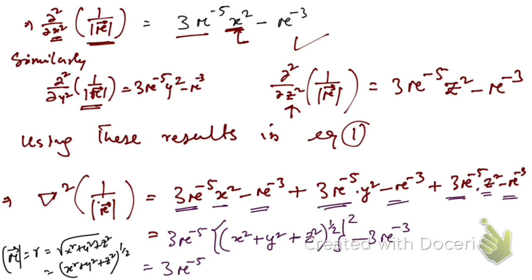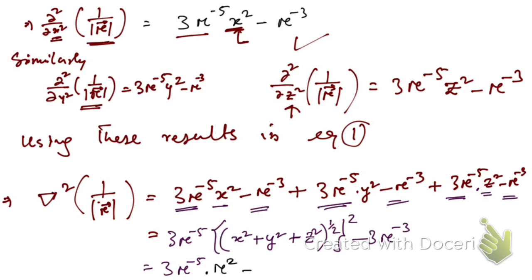Then as there is the square, we get r square here, r square minus r to the power minus 3, so 3 minus r to the power minus 3. Now if you multiply this one and this one, you get 3 r to the power minus 5 plus 2, that is minus 3, then again minus 3 r to the power minus 3, which is equal to 0. That is what we needed to prove, right?